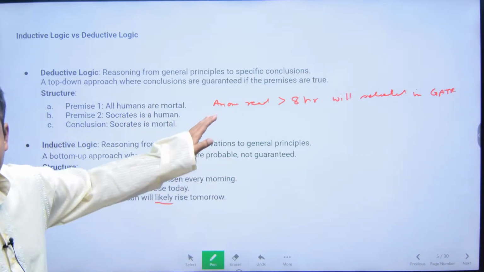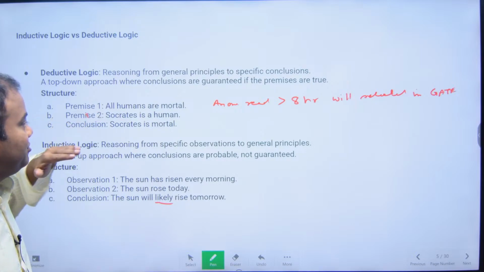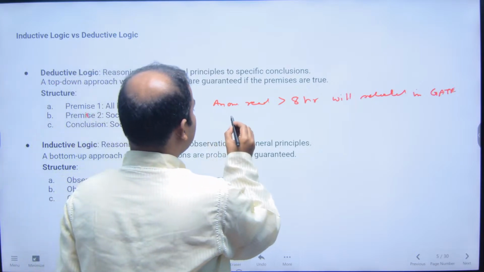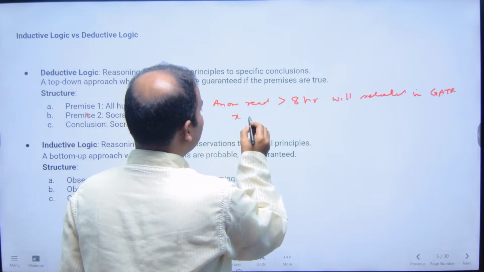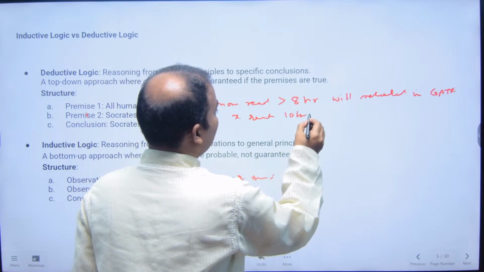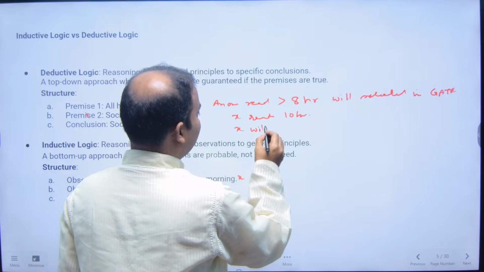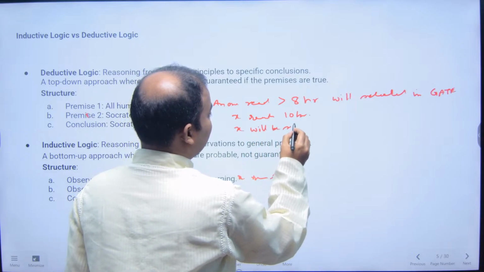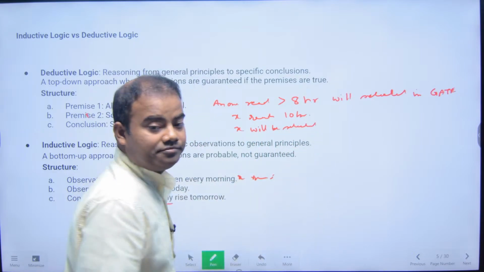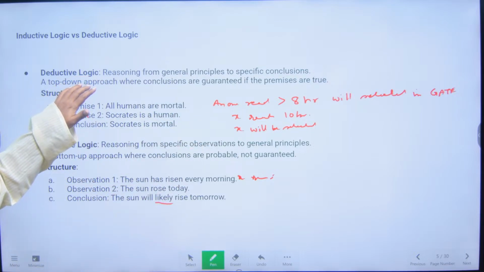Means if anyone studies more than 8 hours, definitely he will be selected in GATE. This is our first premise. And X reads 10 hours. So we can easily find that X will be selected. So this is called deductive logic.